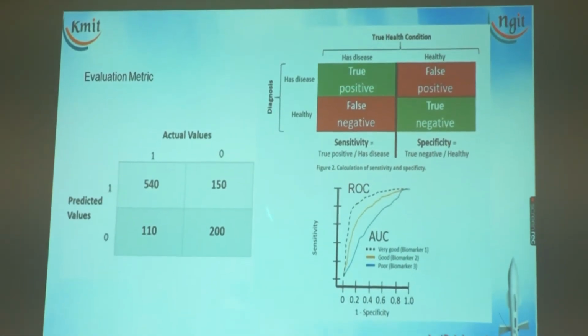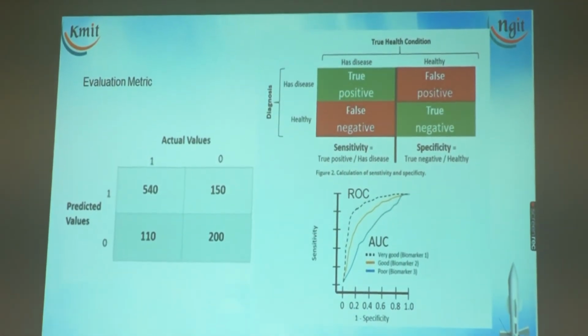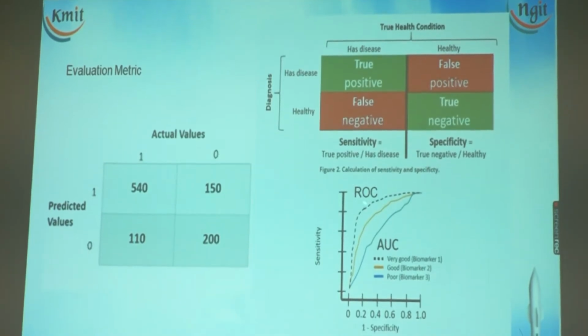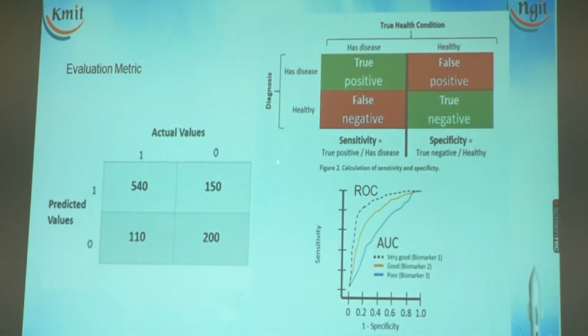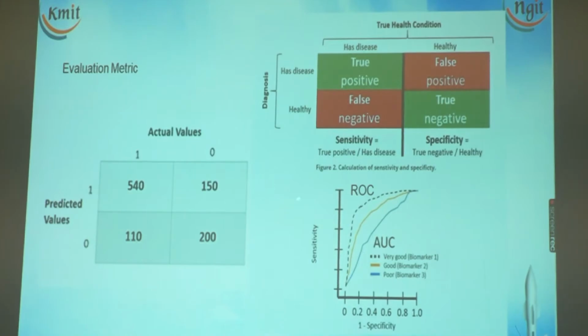Whenever the sensitivity or recall value is near to the receiver operating curve, we say the evaluation is good, with no need of gradient descent. You can say it is properly classified. There are different ways: one way is seeing your confusion matrix, second way is gradient descent, third way you can do it with the ROC curve.